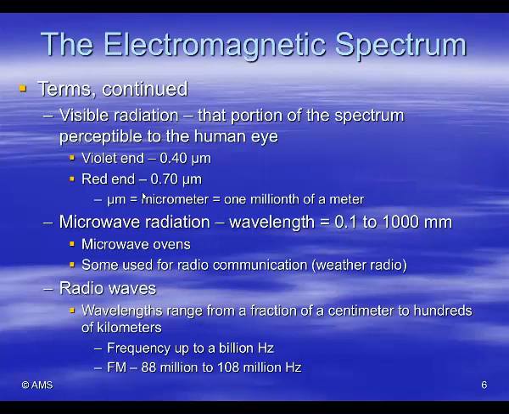As we said, we have visible radiation. That's the portion of the radiation of the spectrum that we can see with the human eye. And its short end is violet. That's about 0.4 micrometers. And the long waves are red. They're about 0.7 micrometers. A micrometer is 10 to the minus 6 meters, or 1/1,000,000th of a meter.